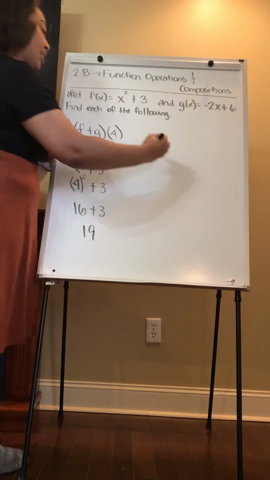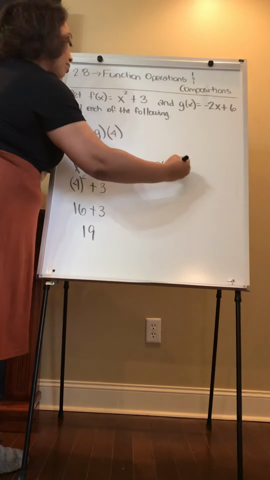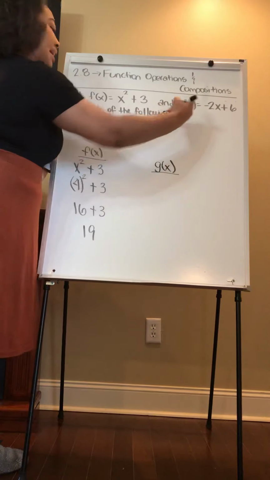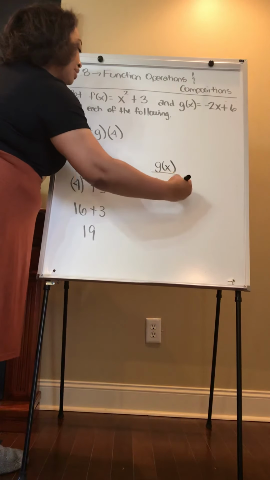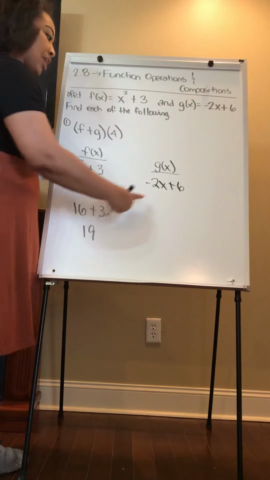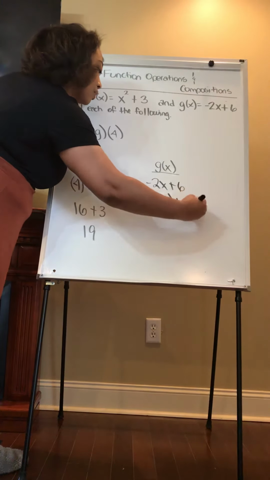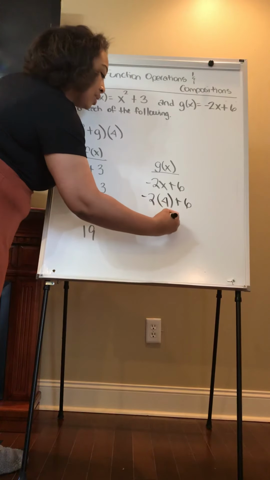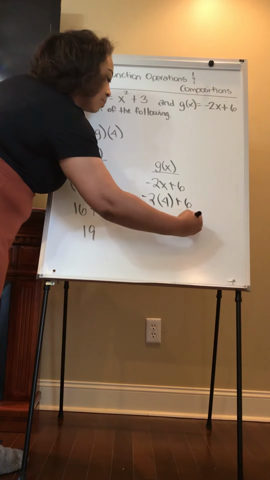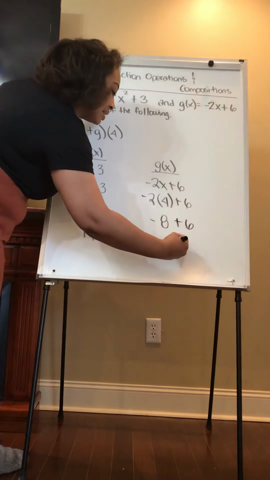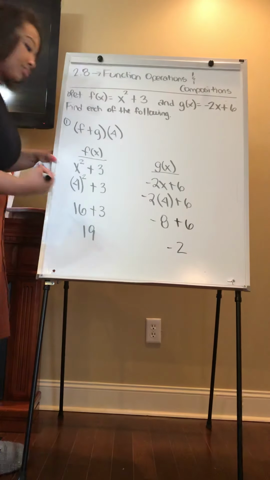Then we're going to go to the g function, which is negative 2x plus 6. In the place of x, you're going to plug in 4. Negative 2 times 4 is negative 8, plus 6 will give us negative 2.